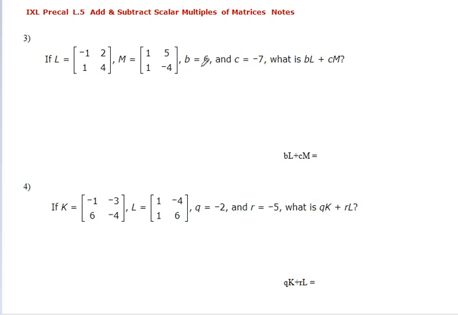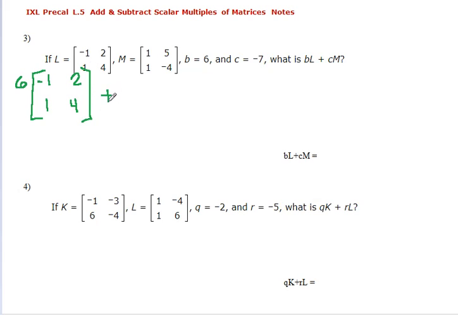So we know that B is 6, C is negative 7. And we want to know B times matrix L and add that to C times matrix M. All right, so let's see. We've got B, which is 6, times this matrix, negative 1, 1, 2, 4.